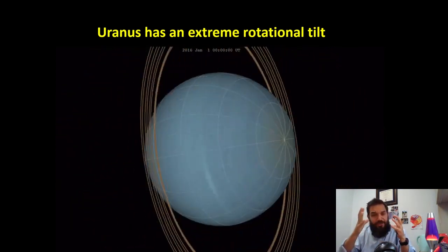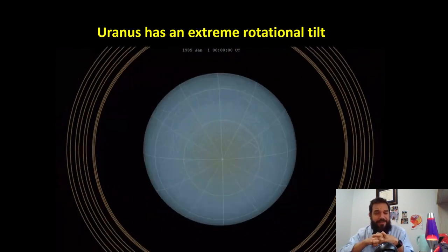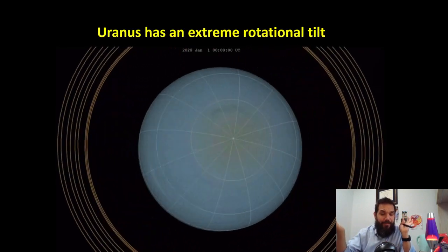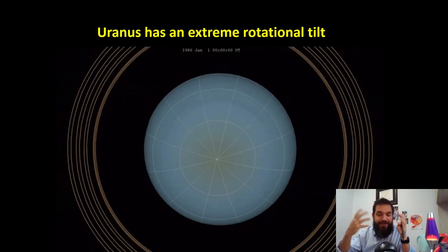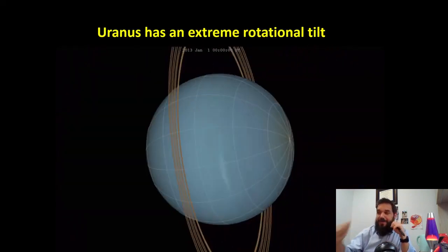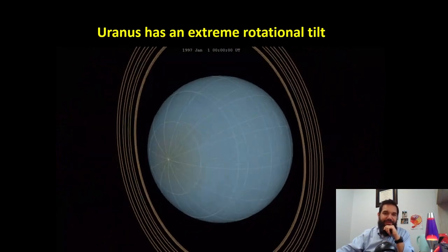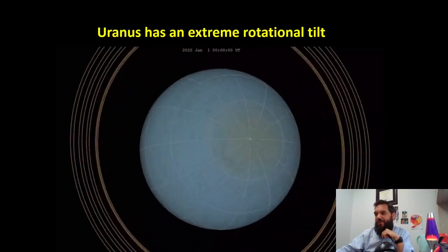So it has that real extreme axis. It's amazing, because basically a winter here would last half of the orbital period, so 40 years, right? And then a summer would be 40 years long. Of course, you get very little light and heat from the sun out there, so it's a very, very cold place, of course.